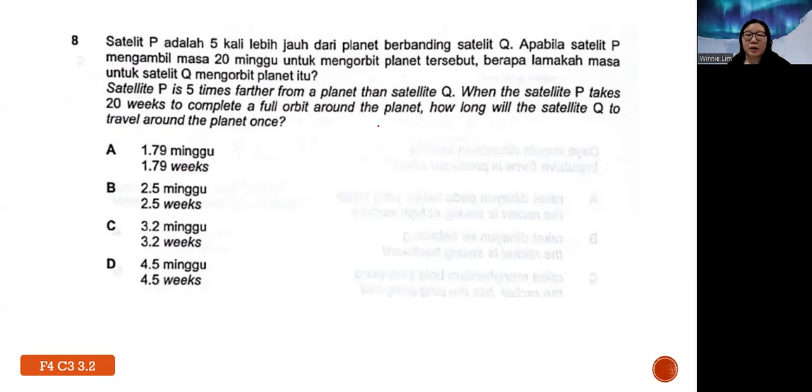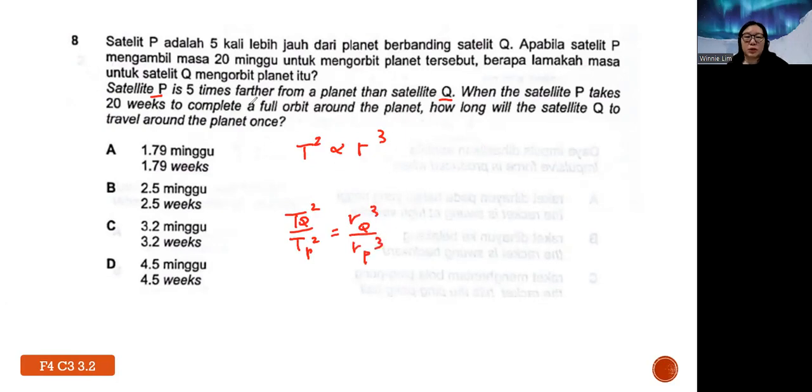For this question, they are under the idea of Kepler's third law, where T squared is directly proportional to R cubed. Since they are using P and Q, we can have this relationship: TQ squared over TP squared equals RQ cubed over RP cubed.